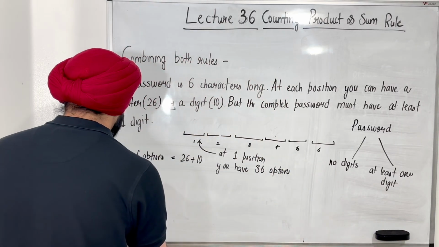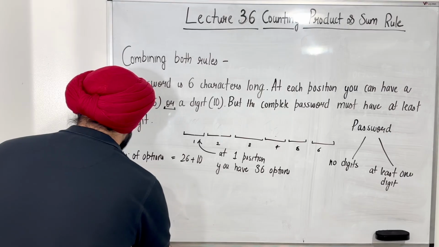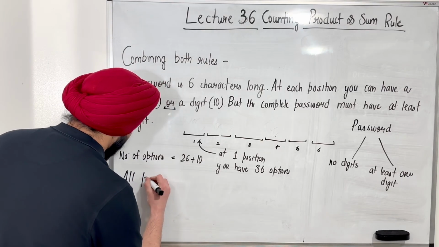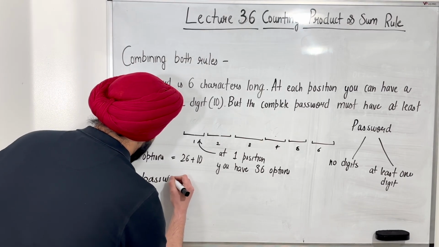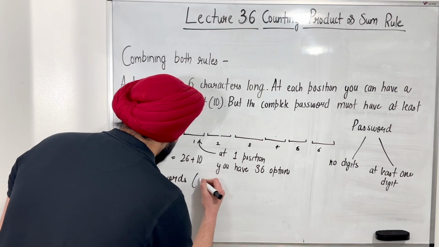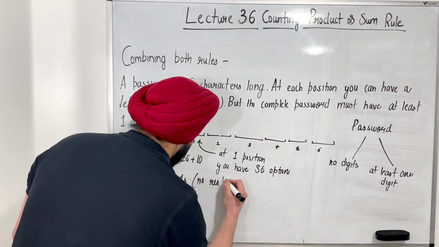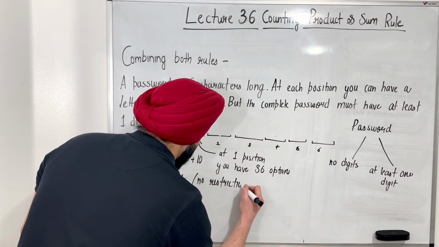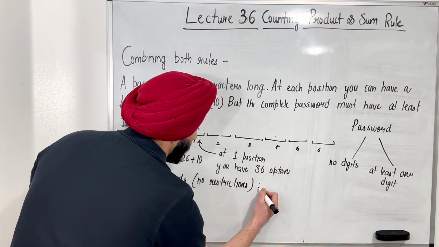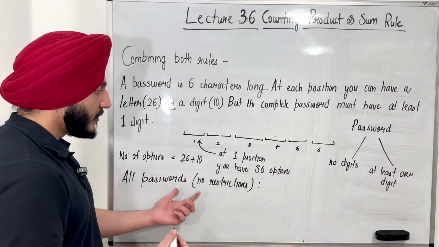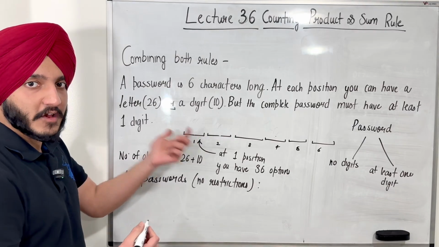So if you have no restrictions at one place, you could have 36 options.